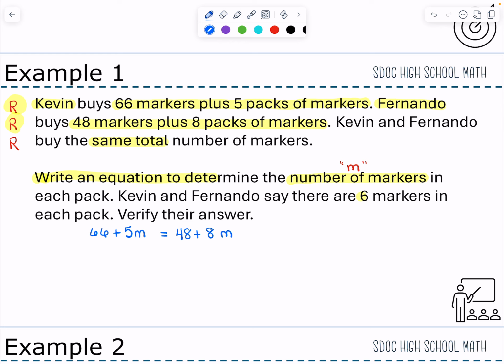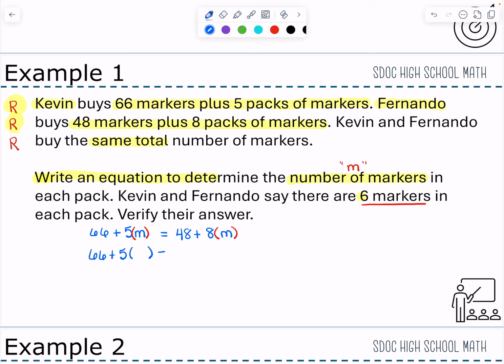Okay? So now they're telling us that there's 6 in each pack. So we have to check that. If there's 6 markers in each pack, we are going to replace a pack of markers with the number 6.